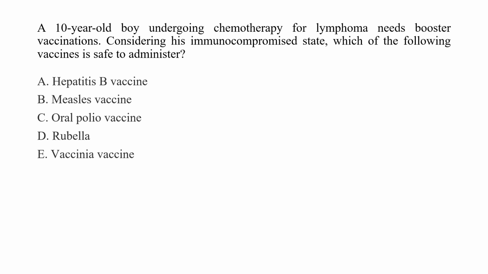So in such a case, we should only give the child inactivated or subunit vaccines as they are considered to be safe. The options which are given here are A, hepatitis B vaccine; B, measles vaccine; C, oral polio vaccine; D, rubella vaccine; E, vaccinia vaccine.